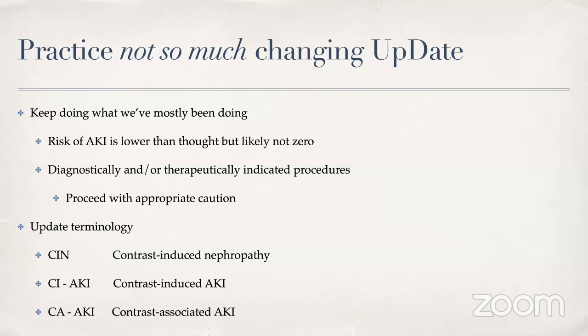This used to be contrast-induced nephropathy. When the term AKI came out, we sort of transitioned to contrast-induced acute kidney injury. I think the weight of the evidence says that it's pretty uncommon to be able to be confident that the contrast was the cause of the acute kidney injury. So maybe the more honest term is to say that it's contrast-associated AKI rather than contrast-induced.